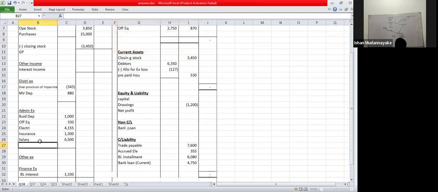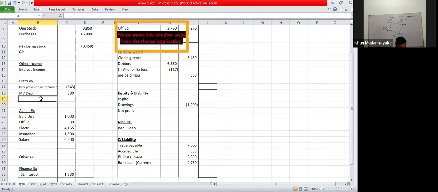Insurance done. Sales commission is a distribution expense, 2,150.